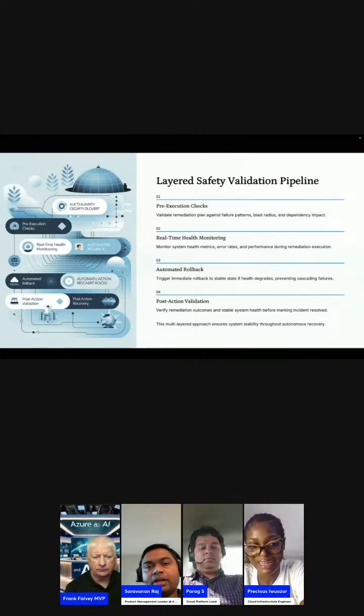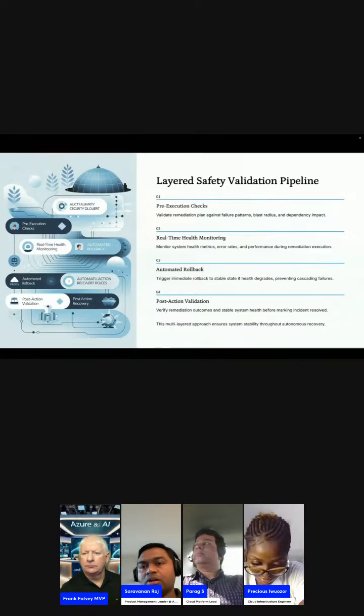The second one is real-time health monitoring. This is where the health of the system, the metrics, the error rates, the perf, all of that needs to be monitored in real time, and that goes as an input into the AI model at the time of an availability drop or any outage scenario.